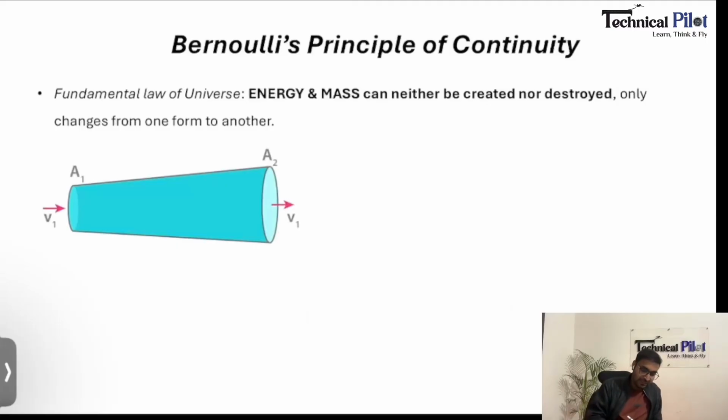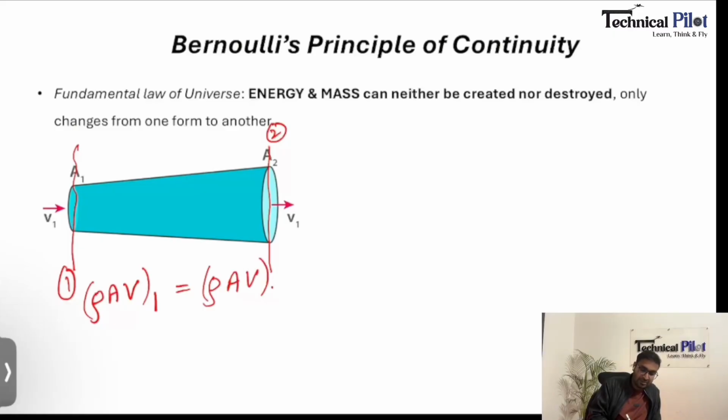I saw that if I take a tube, then I find the equation. If I take section 1, section 2, I find that the product of density, area and velocity at section 1 is equal to the product of density into area and velocity at section 2.